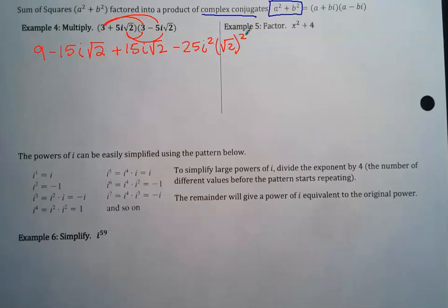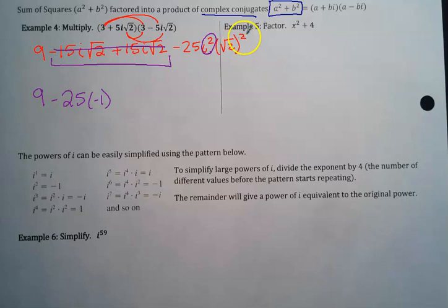Okay, so we have combining like terms, right? But these cancel because we have a negative and a positive, so they just cancel. So then we've got 9 minus 25 i squared, which is equal to negative 1, times negative 1.